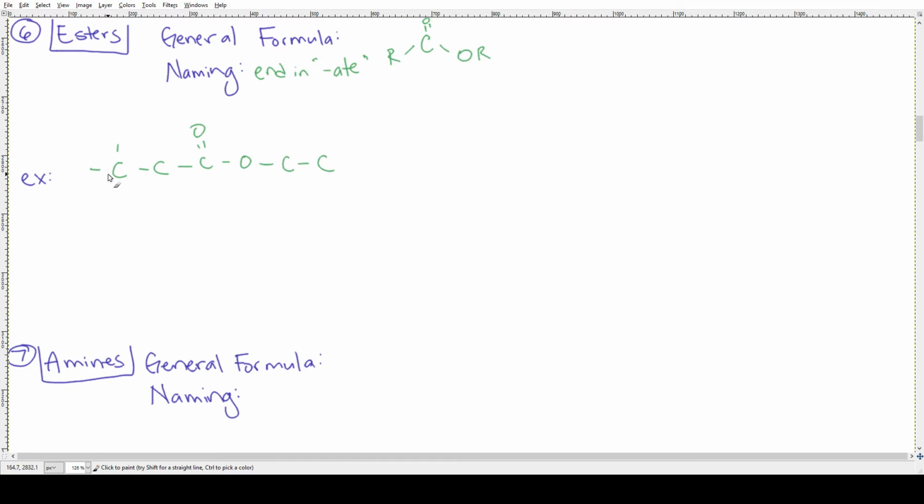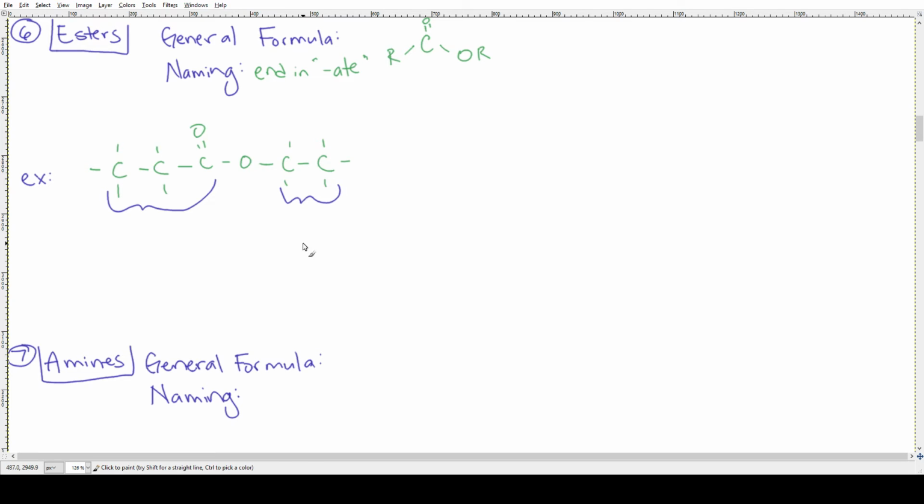And these guys all have, those are all hydrogens on there. So in order to name these, you have to figure out, okay, what part of it is attached to the double bonded O and what part of it is not.